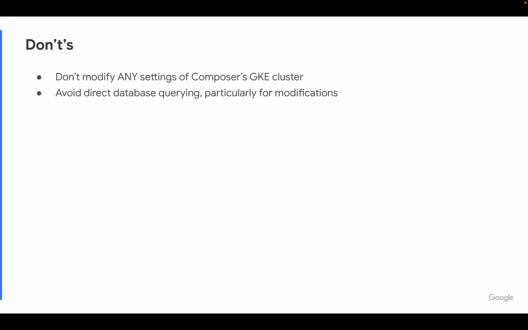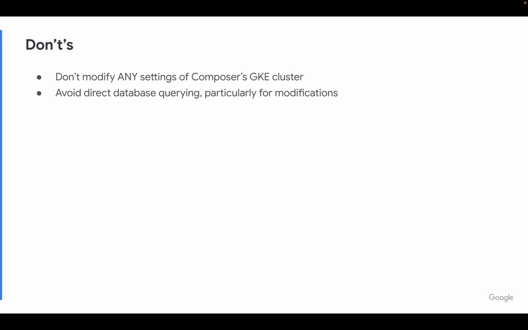The moment you do that, you make Composer unaware of those changes that you have just applied. Therefore, any updates or upgrades that Composer would perform on those clusters would overwrite your settings or could lead to any other instabilities of your environment. In other words, if you avoid modifications of your GKE clusters of Composer environments, you put yourself in a much better position from supportability, reliability, and stability perspective.